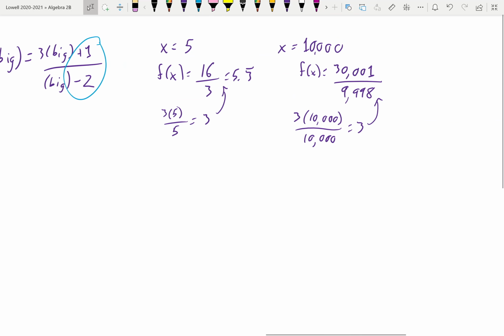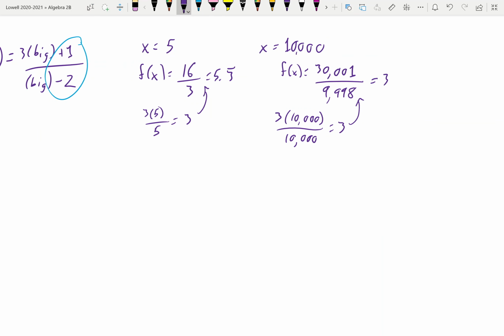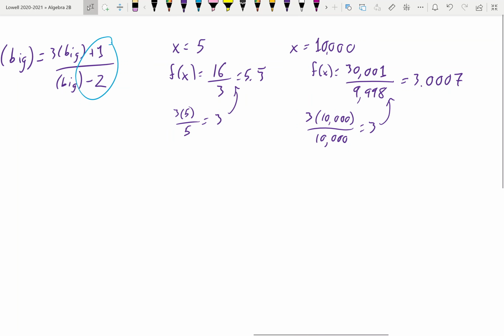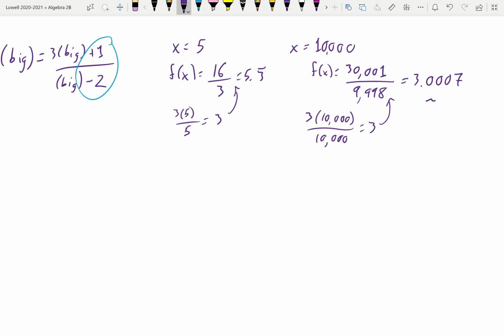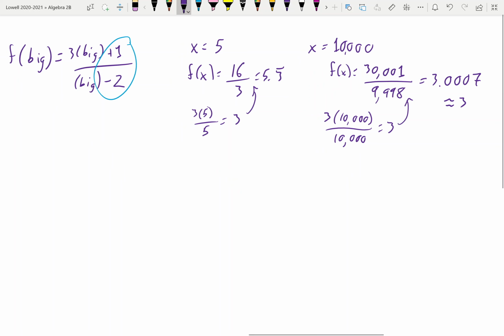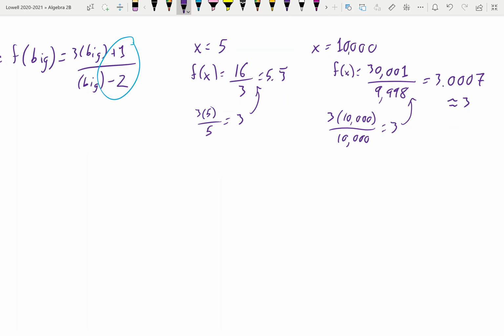After a little bit of calculator work, I have found that this is actually 3.0007. And so we see here, once x is really, really big, this might as well be 3. And we can see why, because this plus 1 and minus 2 are tiny compared to, again, 10,000.